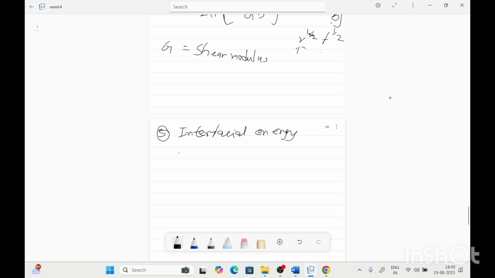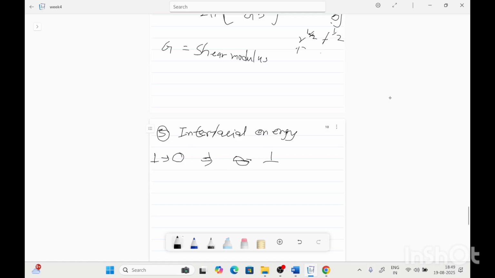If a small precipitate is there and a dislocation is going through it, the small precipitate will shear due to this dislocation. It means the precipitate will be cut because of this dislocation.